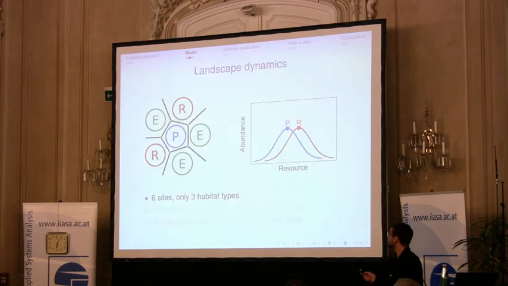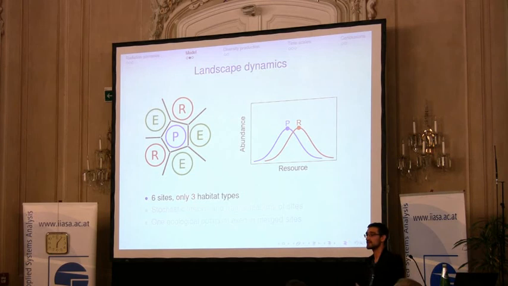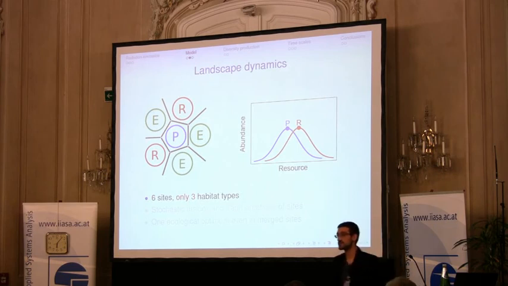So the landscape in the model consists of one central site surrounded by 5 satellite sites, and we assume that there are only 3 habitat types in all these sites, defined by 3 different distributions of resources.